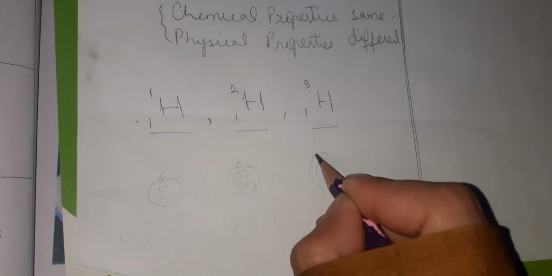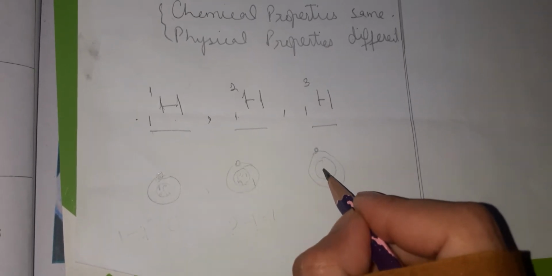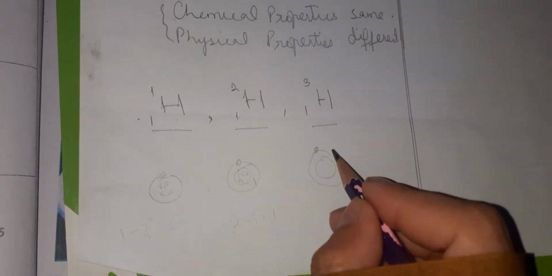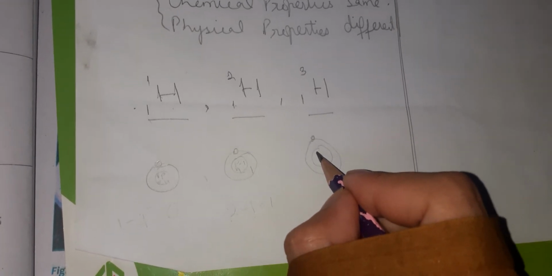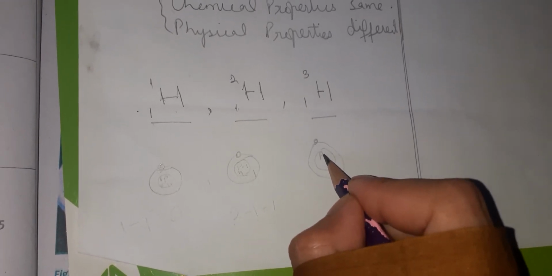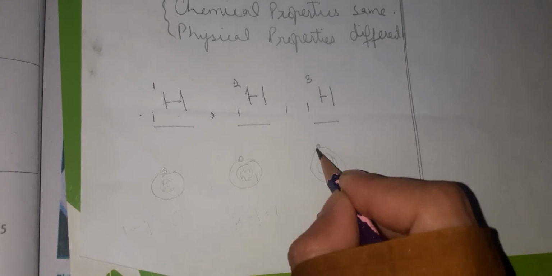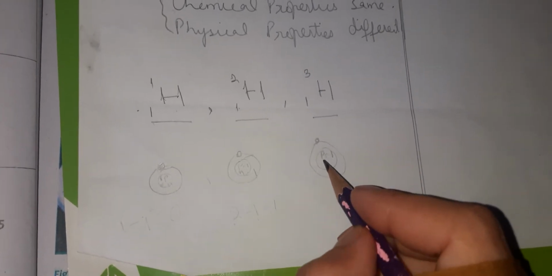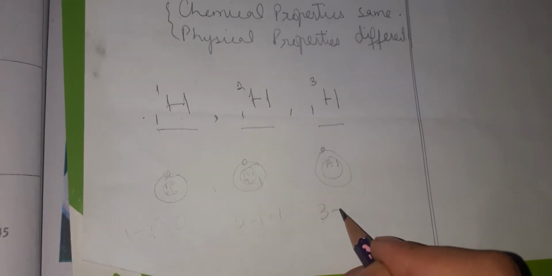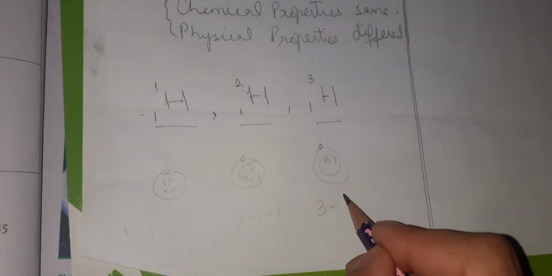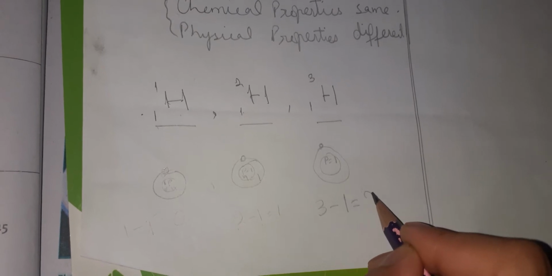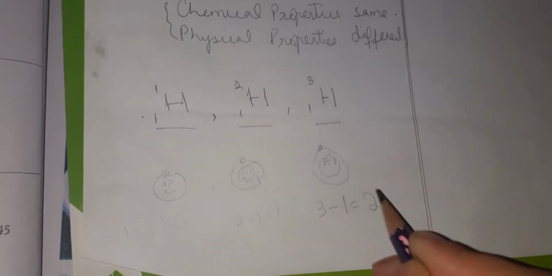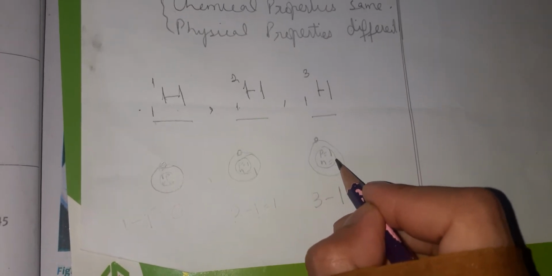This means how many electrons are there? 1 electron revolving around the nucleus. If the electron is 1, the proton will be 1. How many neutrons will be here? Mass number minus atomic number equals the number of neutrons. So there are 2 neutrons.